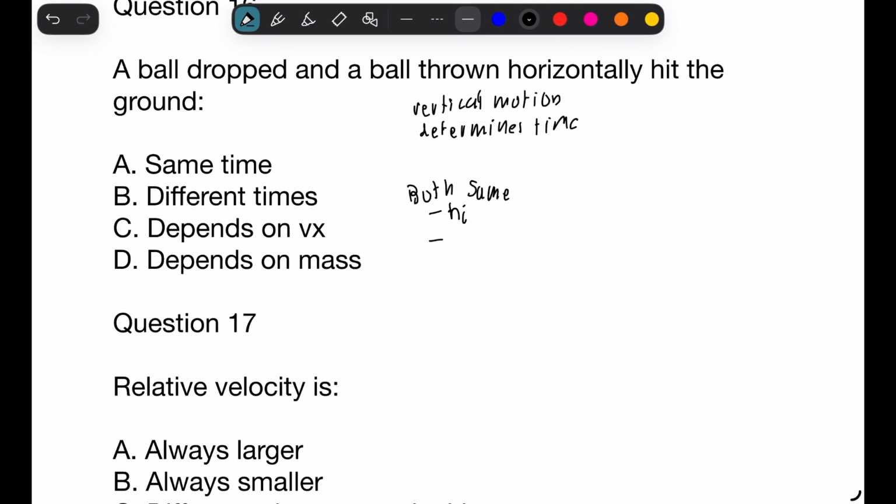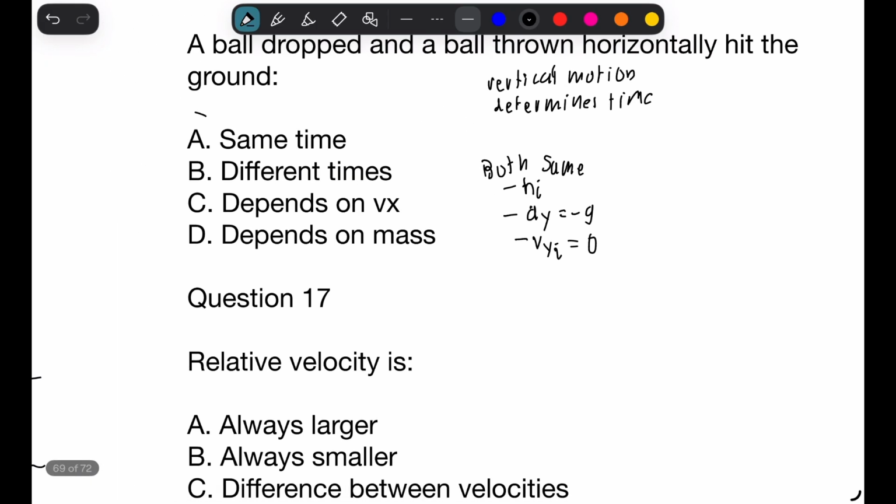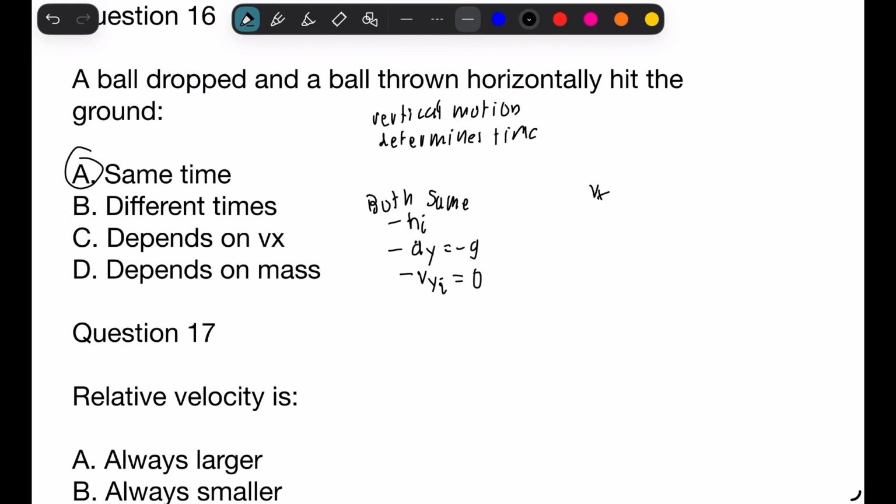They have the same acceleration in the vertical direction, and they have the same vertical velocity initially. So they're going to have the same time, because Vx doesn't affect fall time t.